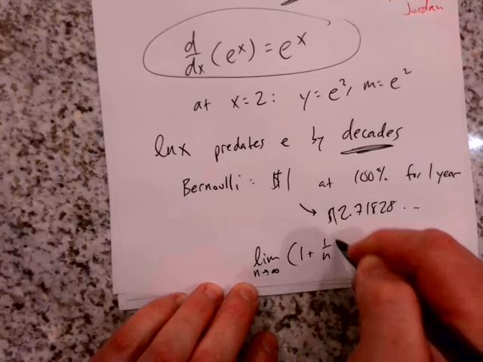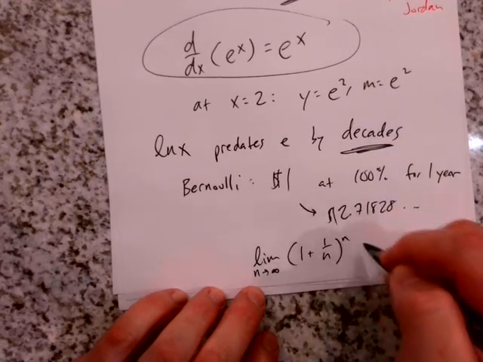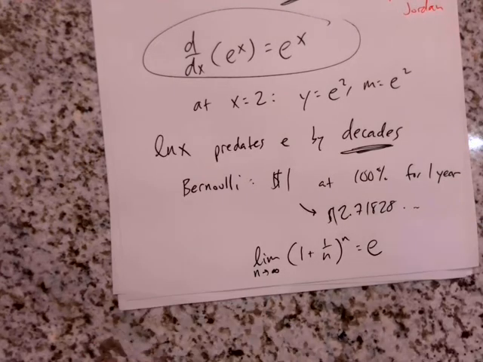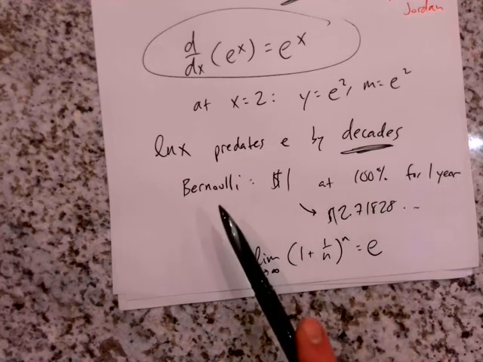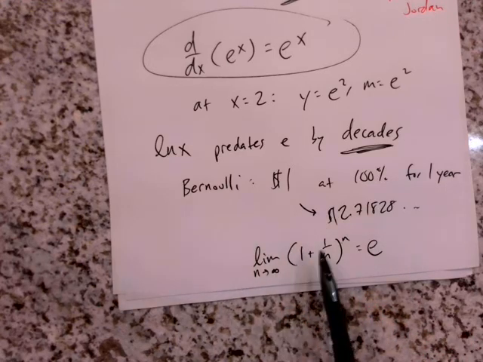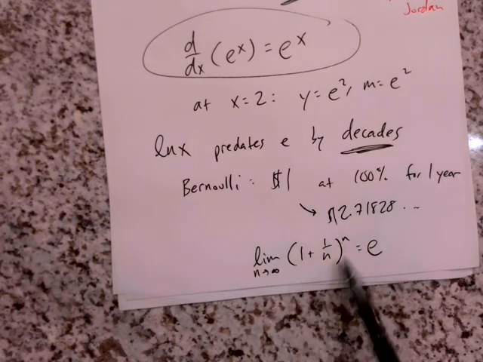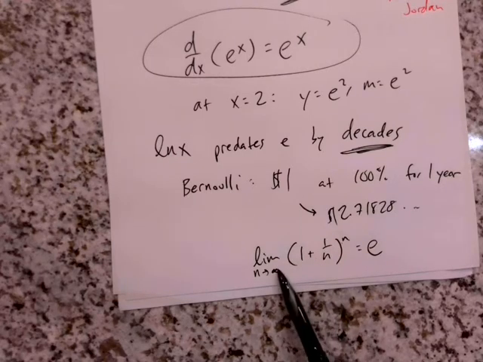We'll prove later on this summer that this limit gives you E. This is essentially Bernoulli's problem written in calculus formation. This gives you the amount of money made if you invest $1 at 100% interest for 1 year.